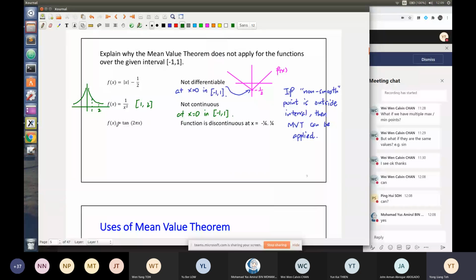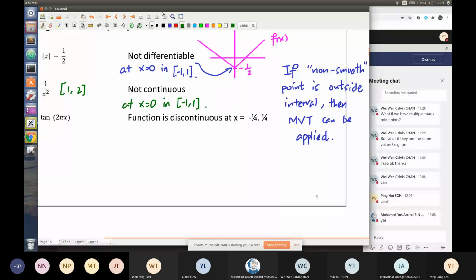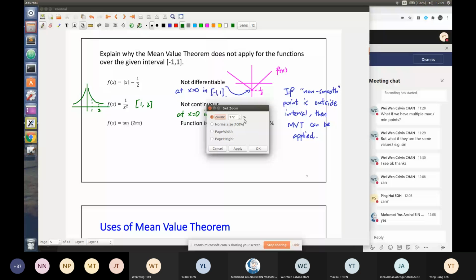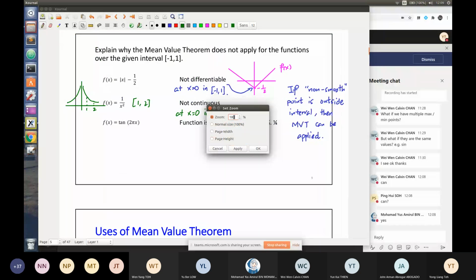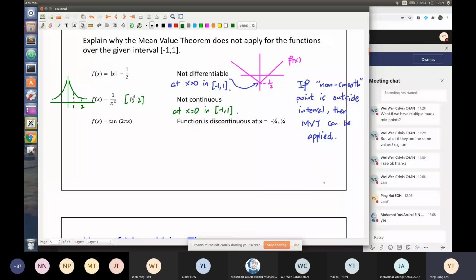Okay, so lastly, let's look at this guy. The function is discontinuous at x equals minus 1 quarter, 1 quarter, which is quite clear because, hold on, let me just increase the size here a bit. For this tangent 2 pi x, you can rewrite it as sine 2 pi x over cosine 2 pi x.